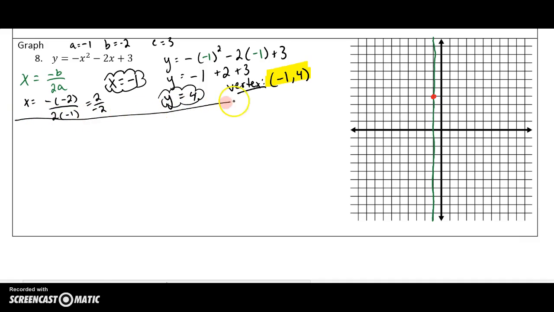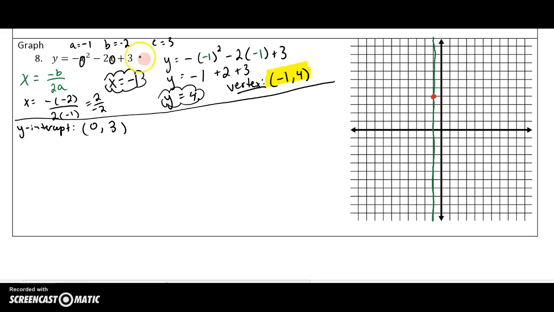Let's find the y-intercept. Nice and easy. What I know is that it's where x is 0. So this y-intercept is going to occur when x is 0. So I'm going to plug in 0 for all my x's. If I plug in 0 here, that makes that term 0. 0 here, -2 times 0 is 0, plus 3.